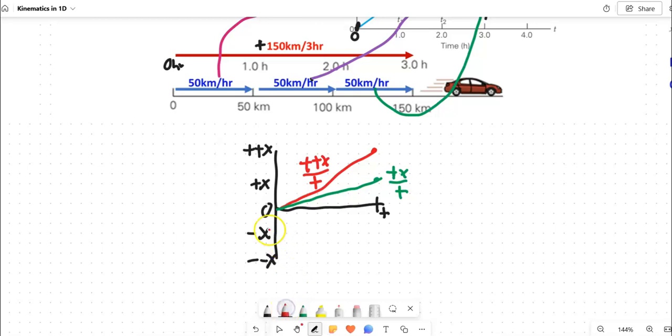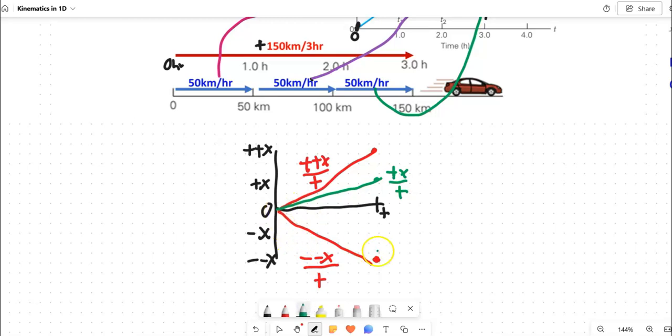For negative slopes over here, notice this slope right here, which I've got to be a little bit slower. Notice that this negative slope actually has the same steepness as this one. So they both have the same speed, but one's moving to the right, one's moving to the left.